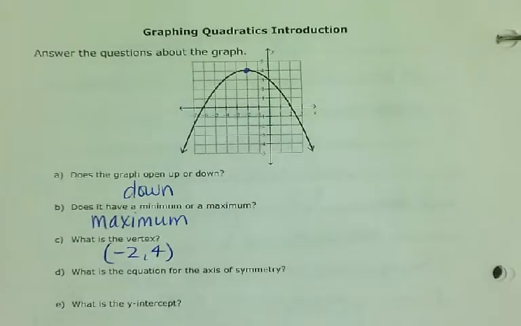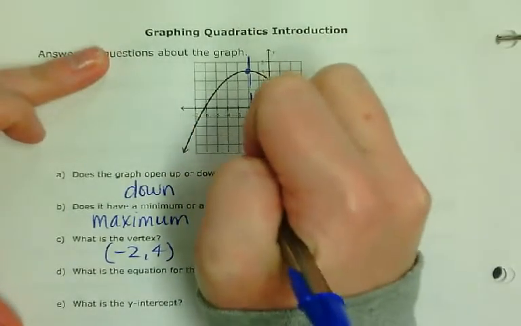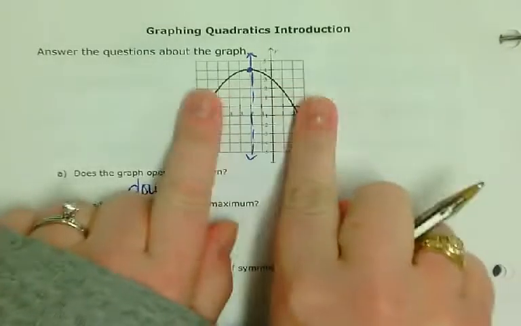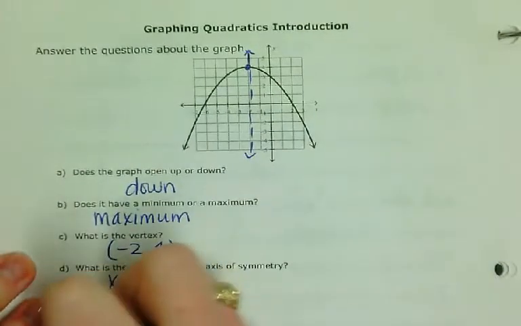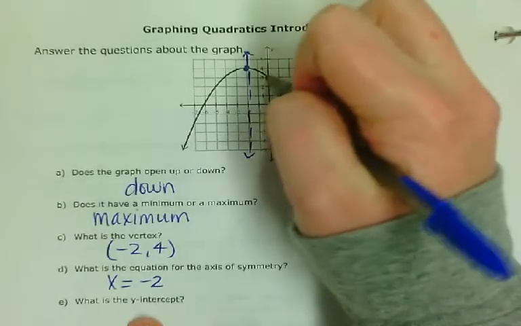So we're talking about the axis of symmetry. That's the line that runs through the vertex. It's a vertical line. It's imaginary, which is why you don't see it. We can draw it in with a dotted line if we would like. So that's what splits it in half. You can tell that they are the same. So it's an x equals line, and what does x equal? X is -2. All right, the y-intercept is right here.